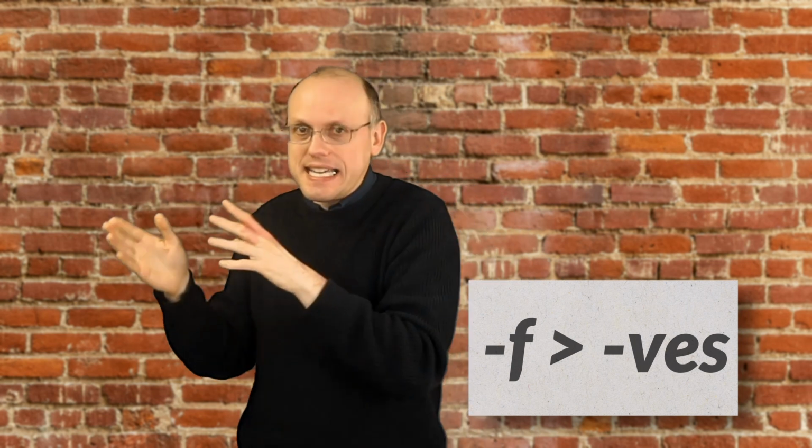Wolf, W-O-L-F. But when you've got more than one wolf, you've got wolves, V-E-S. So the F changes into VES, loads of wolves. A lady, Y at the end, but when you've got more than one lady, you've got ladies. The Y changes to IES. So we still have an S at the end of these plural words, but the ending changes a little bit.